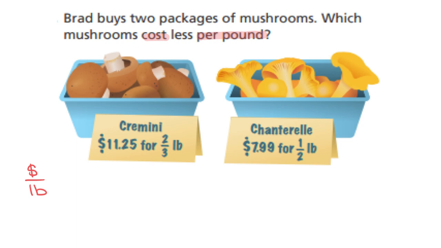What's the money? $11.25. And we're going to divide it by 2/3. Now, just for the sake of keeping our sanity, leave the decimal. We're going to use the calculator, okay? So we're going to keep $11.25 over 1. I know it's kind of unorthodox to do that.